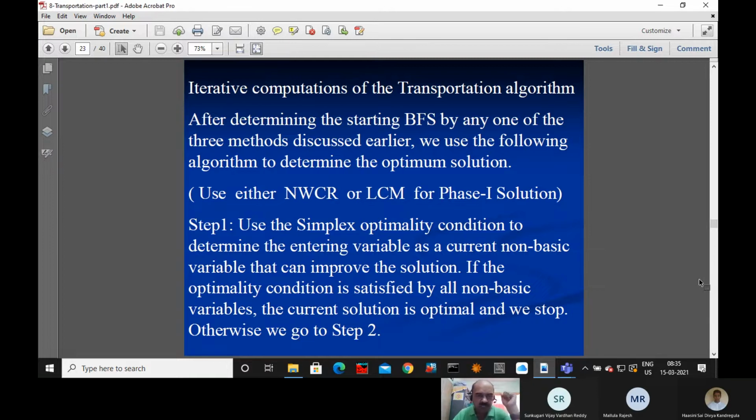Step 1: use the simplex optimality condition to determine the entering variable as the current non-basic variable that can improve the solution.